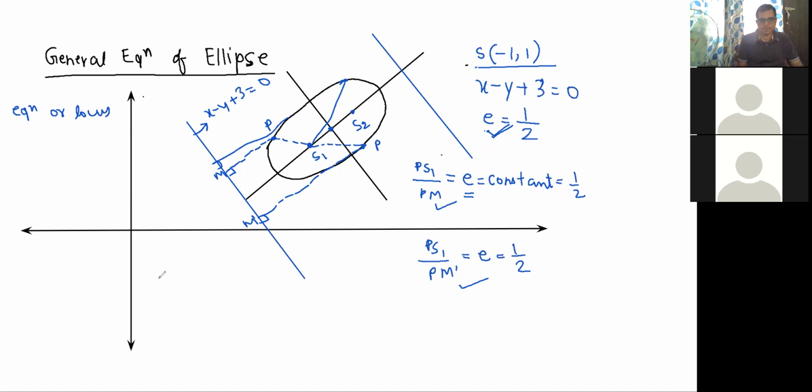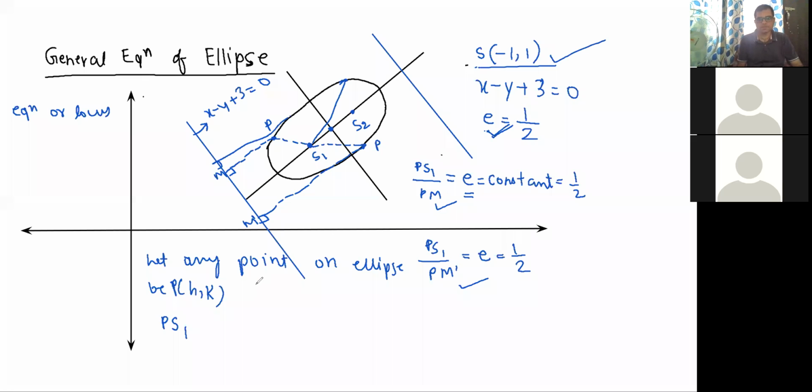So first, let any point on the ellipse be h comma k. Let's say it is P. So what is PS1? S1 is given to you.